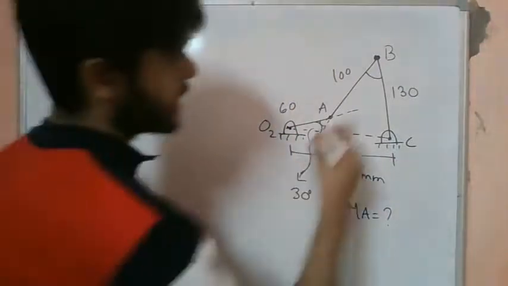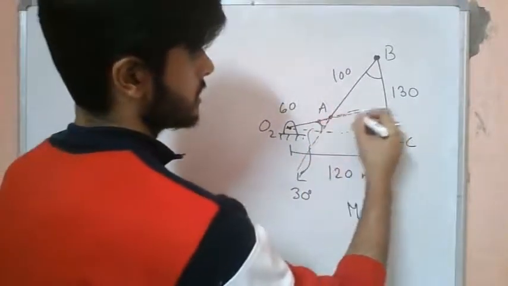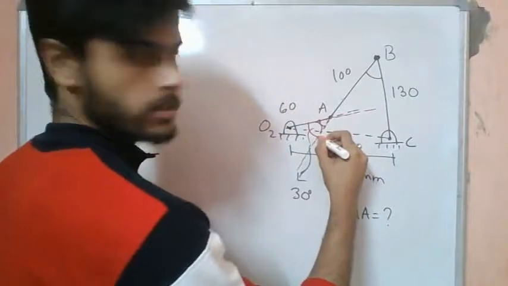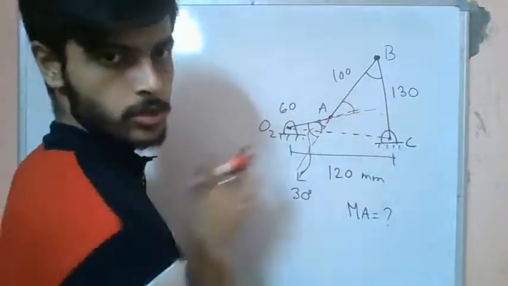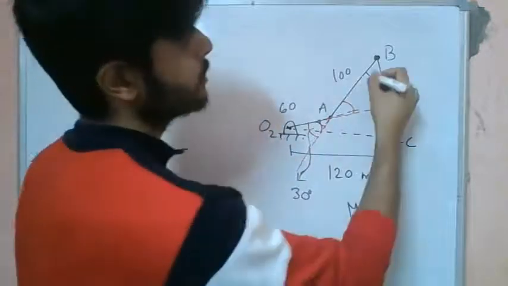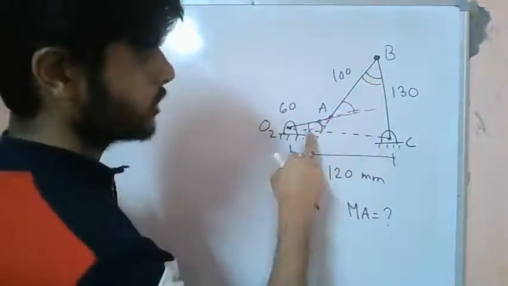If we draw a line like this, this link is extended like this, and this link is extended like this. So this angle is required, which is equal to this angle. This will give us the mechanical advantage. This will give us the output angle, and this will give us the input angle.